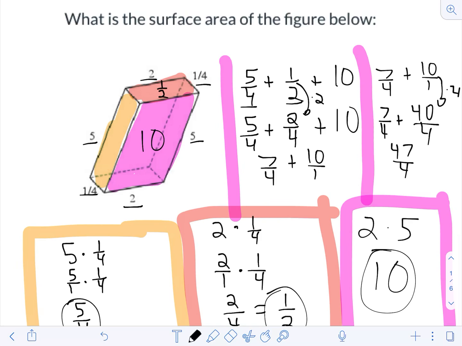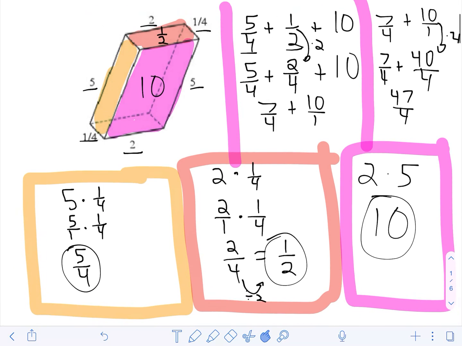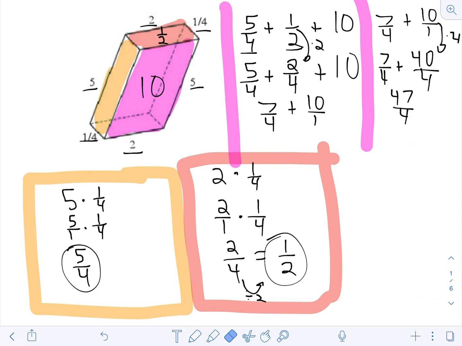We have 47 over 4. We need to double it because we're adding up our three sides. So I'm going to clear off some space to give me some space. So we have 47 over 4. We have 2 of those because we have 6 faces, remember? Add them together, you get 94 over 4.